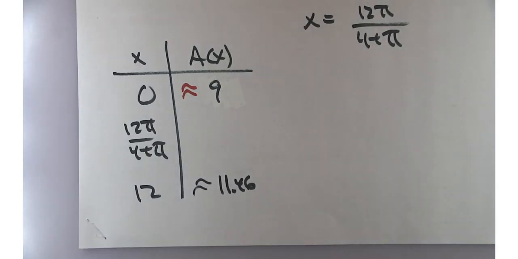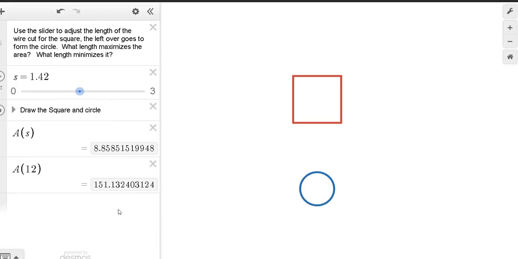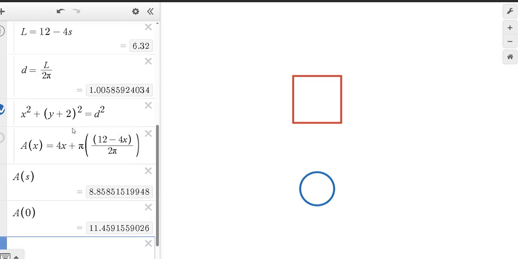Let's see, how am I going to do that? I think this one might have been right. Because at 0, oh, I think they're just reversed from each other. Yeah. All right, but what does that leave me with for pi? Let's just take a peek here. 4x. Yeah, it's a little off.